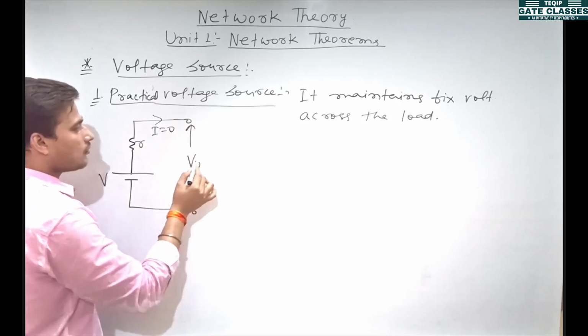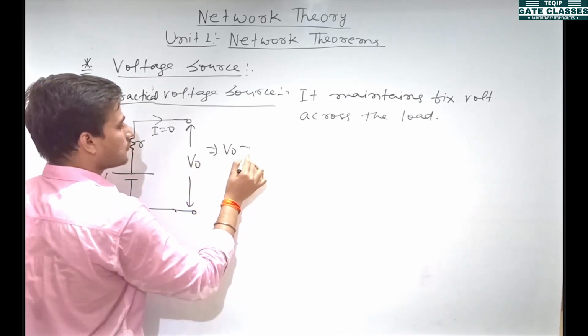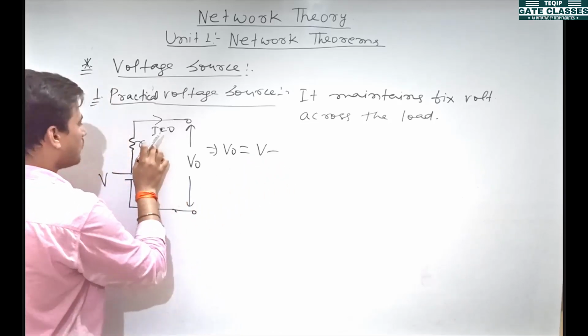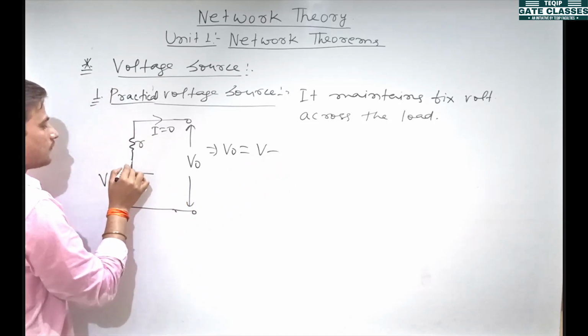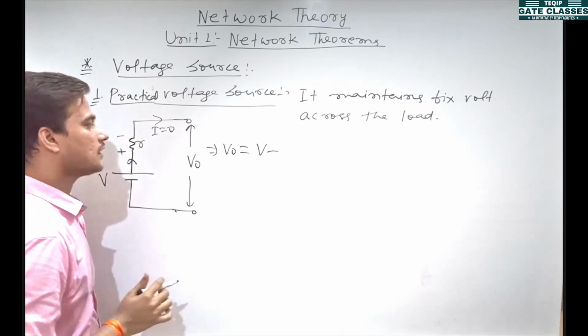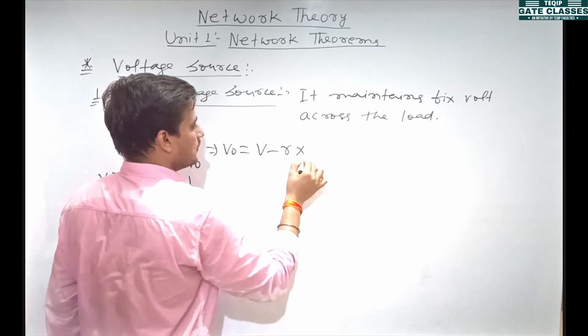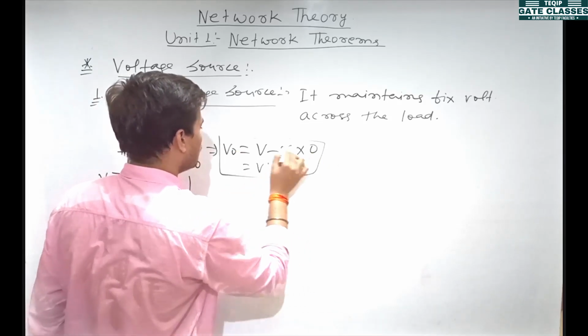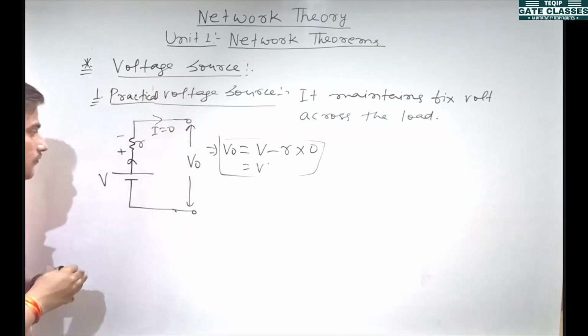Now if they ask you the value of V0, it will be V minus the voltage drop. The voltage drop will be I into R. R is given and I is 0, so V0 will be V volt.